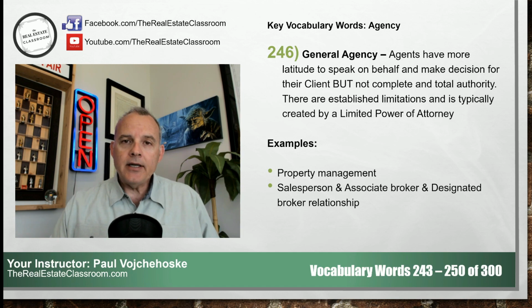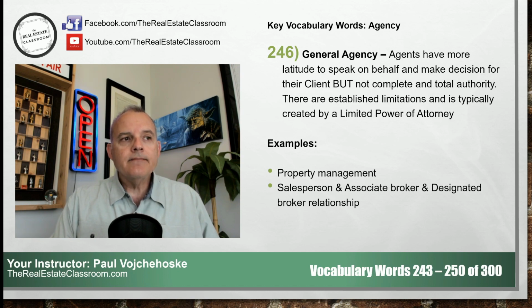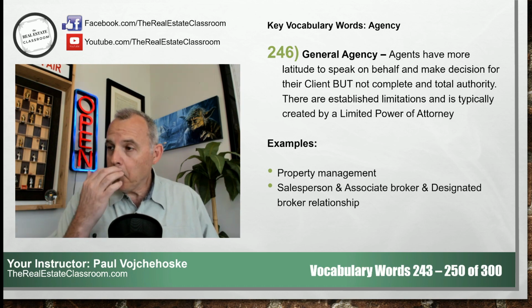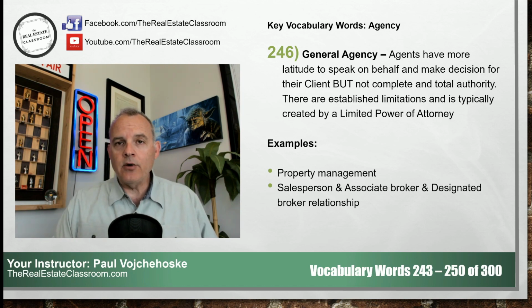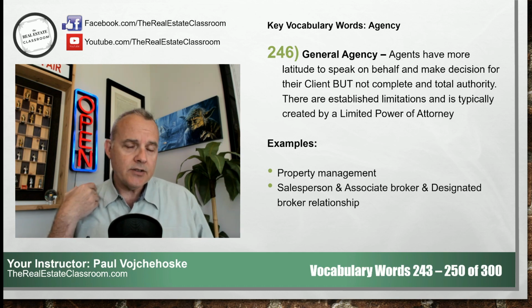That property manager, under this type of an agreement, has the authority to call the plumber directly and schedule the repairs up to a certain dollar amount without having to contact the owner and getting their permission. If it's over that dollar amount, then they have to contact the owner to get permission to spend the extra money.